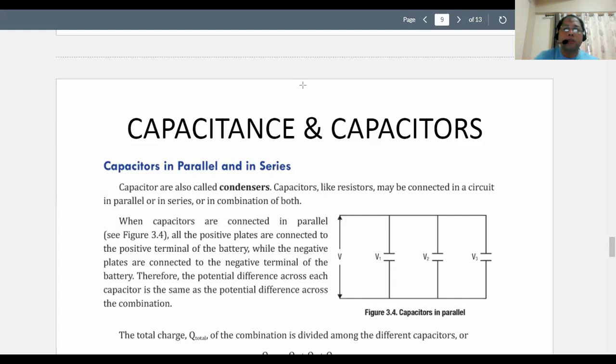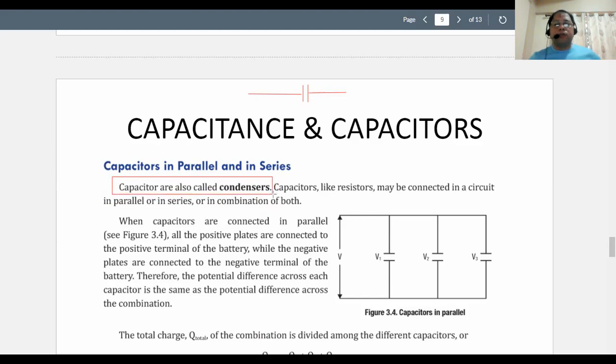These two lines that we draw parallel to one another, because of the parallel plates. So if you see these two parallel lines drawn side by side, this is a representation of a condenser. Sometimes they call this a condenser, or they call this a capacitor. So there are two names for our capacitors.